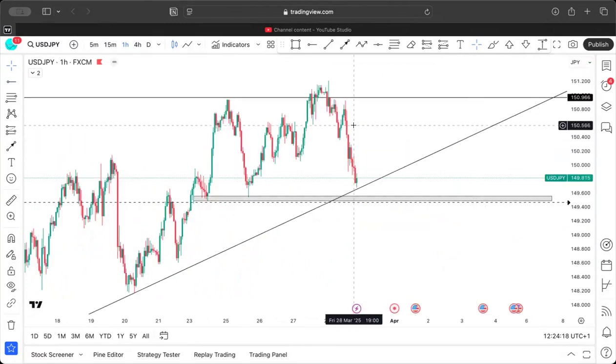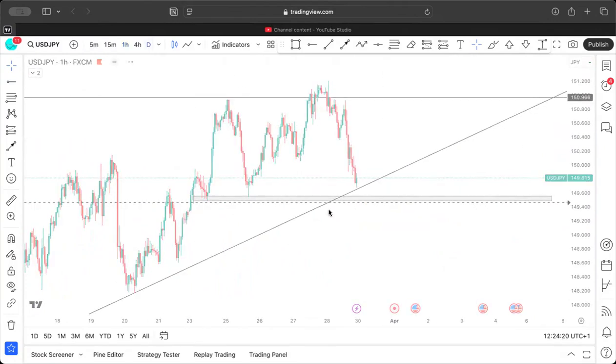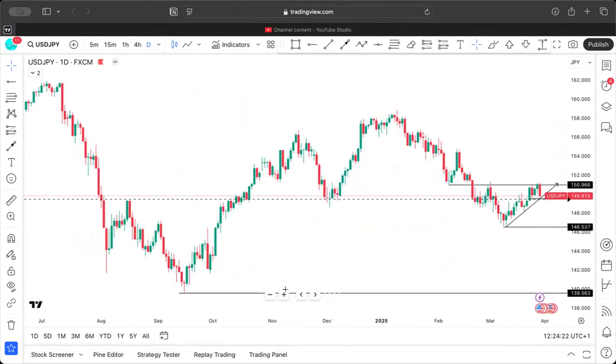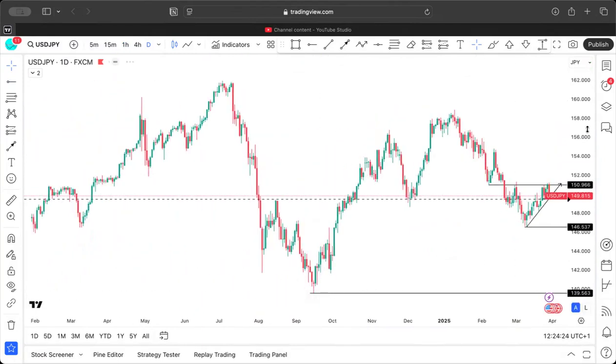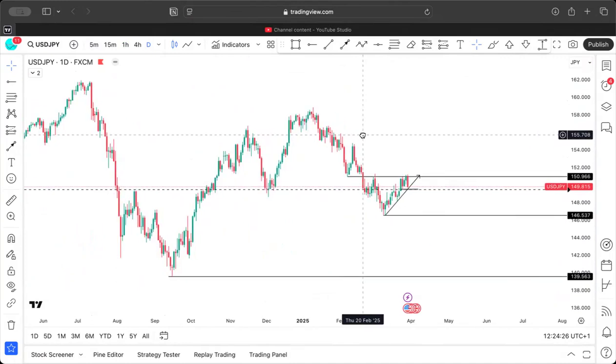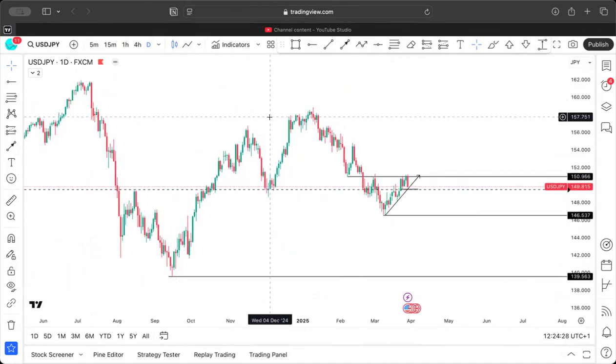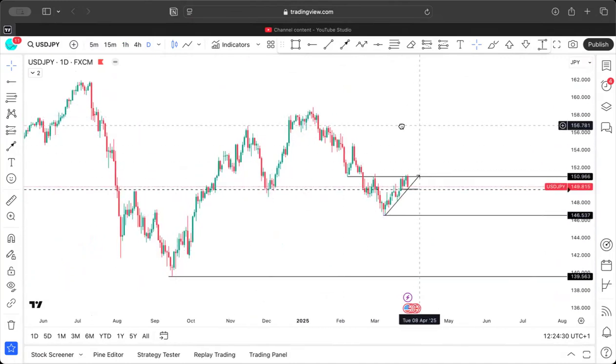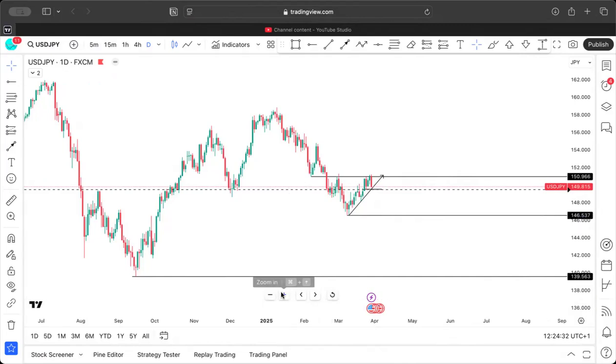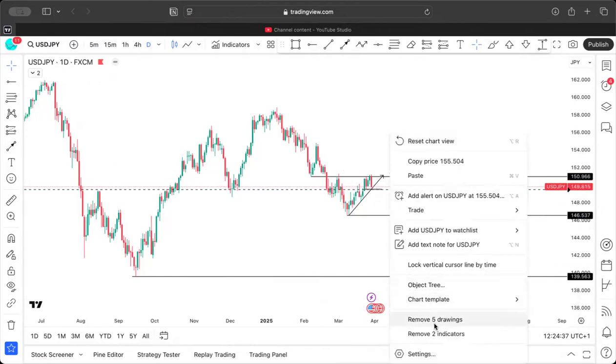So next we have USD JPY. I think I've already analyzed this pair. So on USD JPY, we have market structure to the upside and then switching bearish. So for the bearish move, let me just remove all of this.